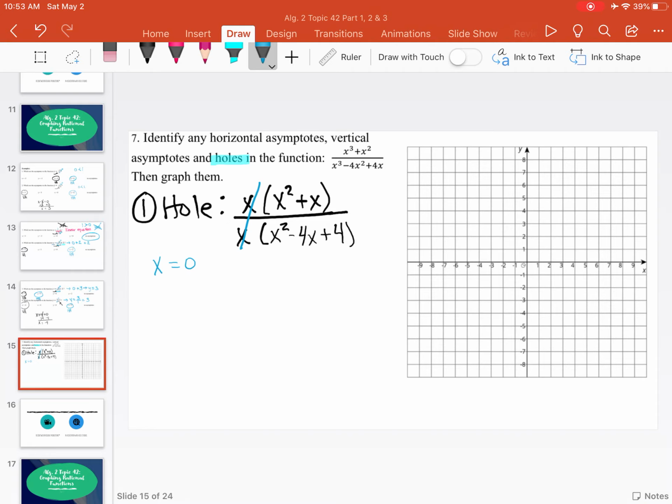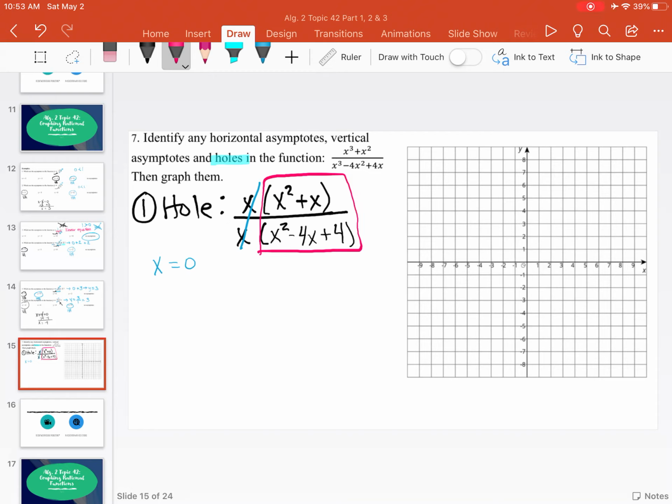Now, a hole in the graph is a specific point on your curve, on one of the branches. However, I can't just use x equals 0. I need a y-coordinate. So, what I have to do now is plug my x value back in, but not into the original equation, but into this new reduced equation.